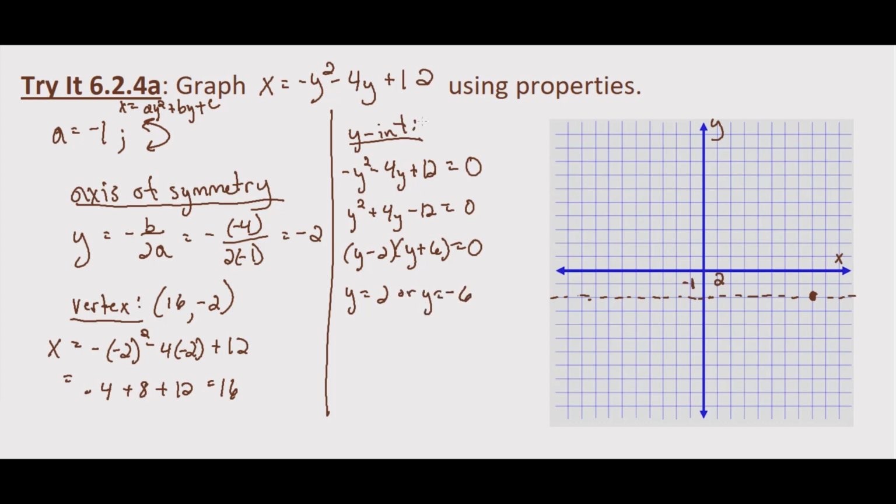So our y-intercepts are going to be 0, 2, and 0, -6. So 0, 2, and 0, -1, -2, -3, -4, -5, -6.